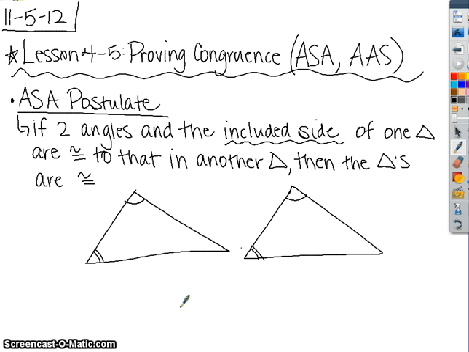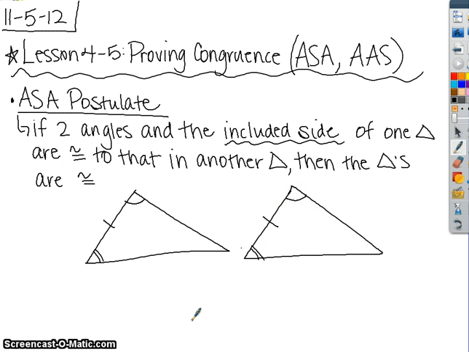Okay, so on Friday we looked at the SAS postulate, and I said that the included angle was the angle that fell between the 2 sides. Well, guess what? An included side is the one that falls between the 2 angles. So it would be this side for this one and this side for that one. So he literally goes in order. Angle, side, angle, angle, side, angle.